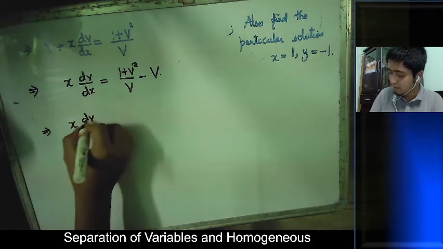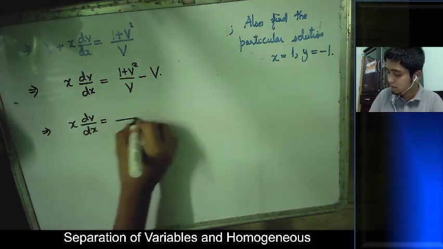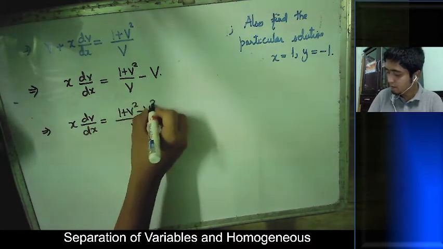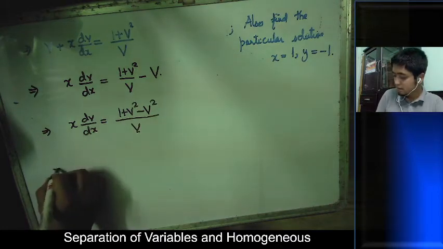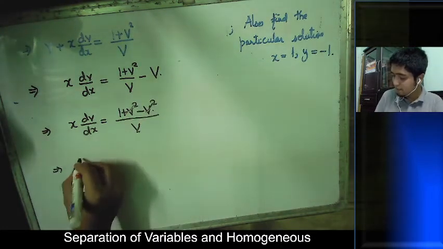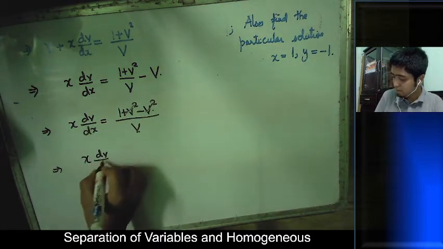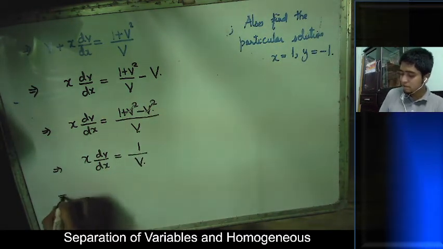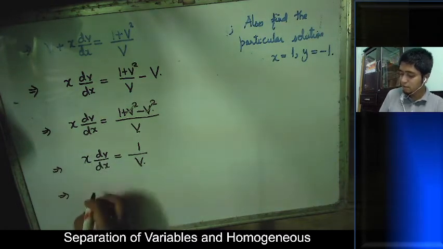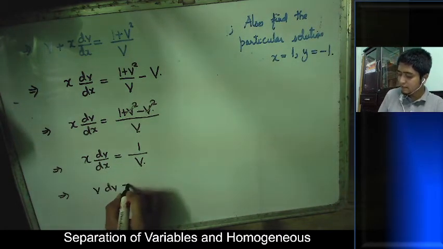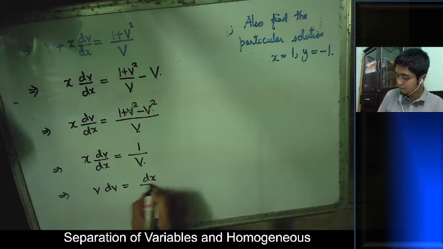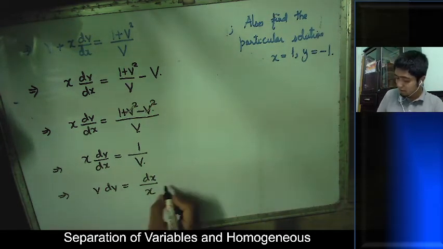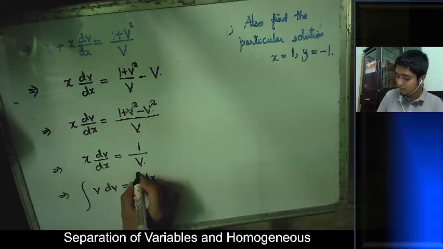Firstly, let us try to separate the variables. So you'll be getting this, and this one and this one will get cancelled, leaving 1 upon v. Now separate the variables: dv keep on this side, and dx keep on that side. After separating the variables, we can integrate.